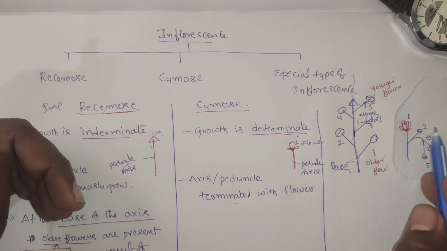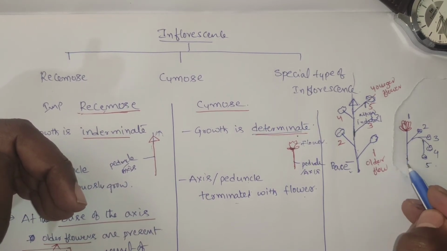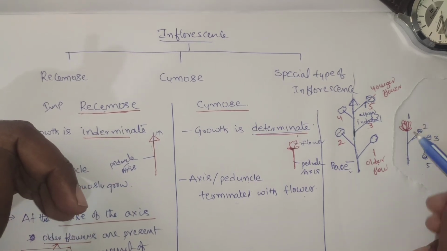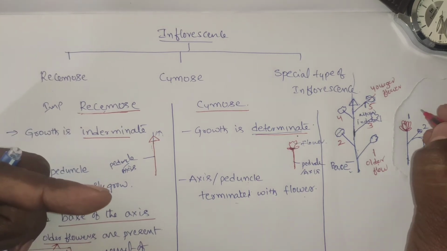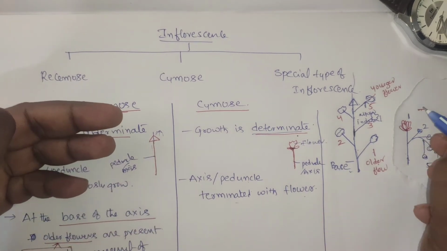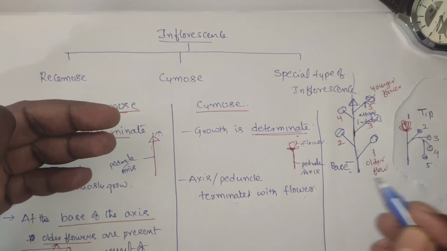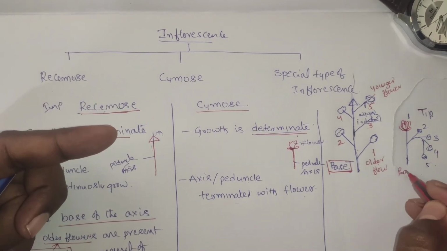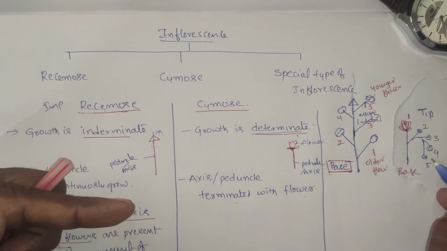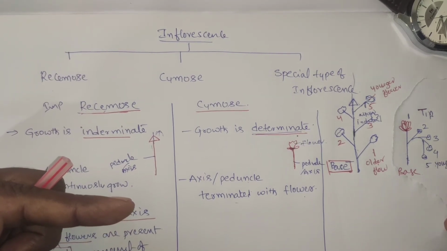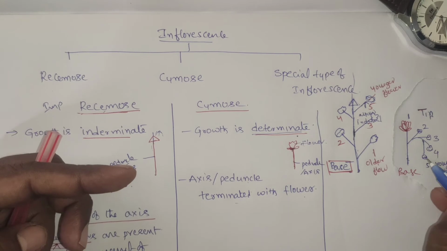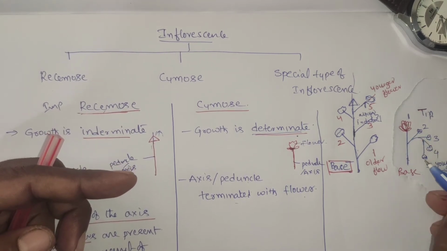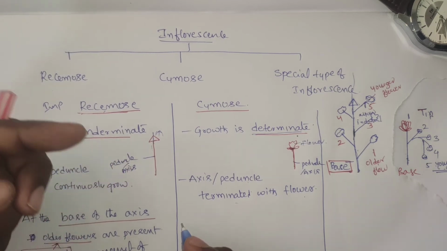How many flowers are here? Five flowers. Among all these, the older flowers are present at the tip, and the younger flowers are present at the base.